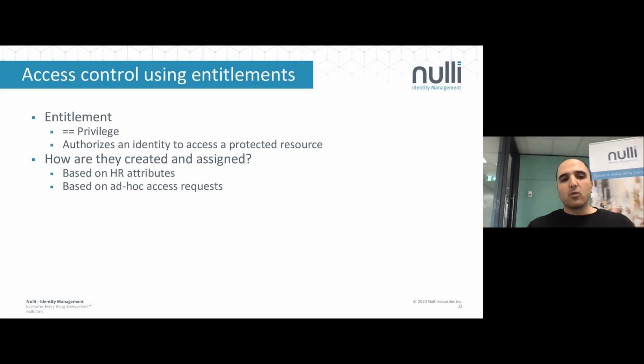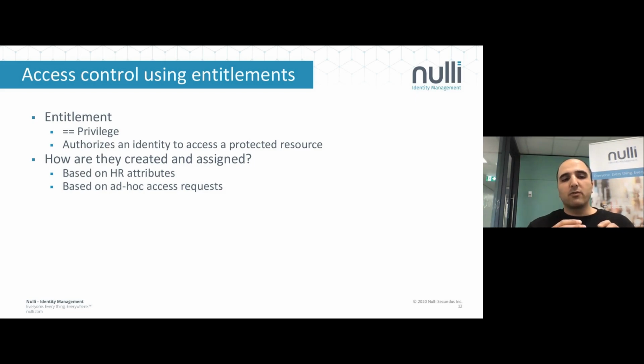In an ideal world, these entitlements are assigned based on HR attributes of users and employees. For example, if you have a new hire who's going to work in this particular department with this job title, then based on that, you will give him or her some entitlements. But unfortunately, that's not always the case.